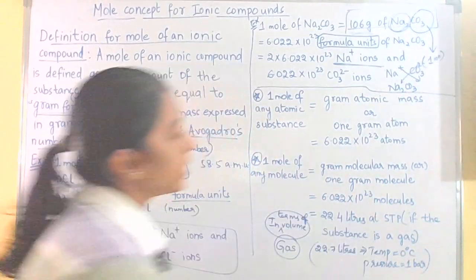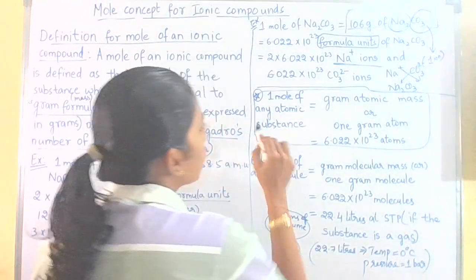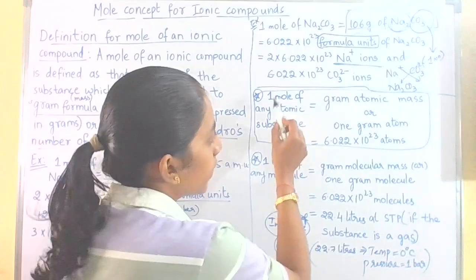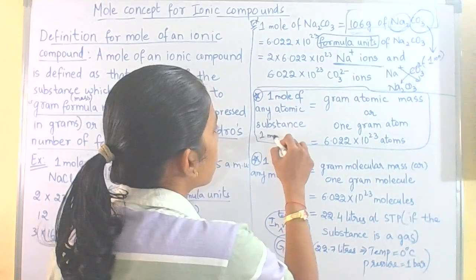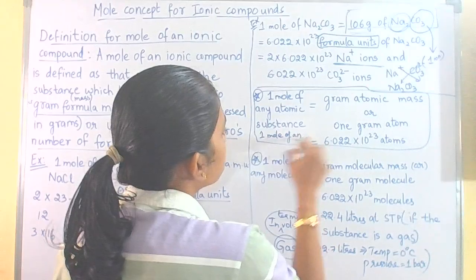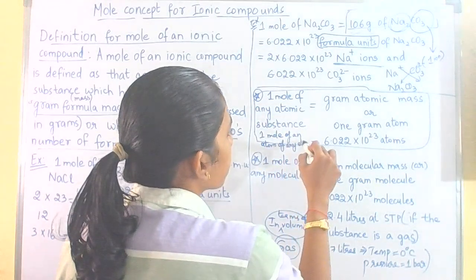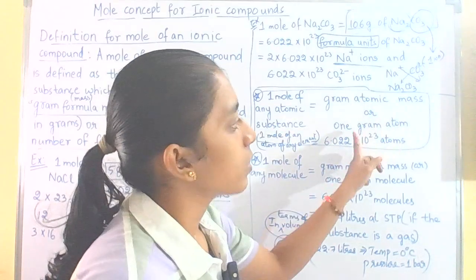Now we'll see 2 important formulae which we have to keep in mind for this mole concept. First is 1 mole of any atomic substance, or else 1 mole of an atom of any element, is equal to gram atomic mass or 1 gram atom.